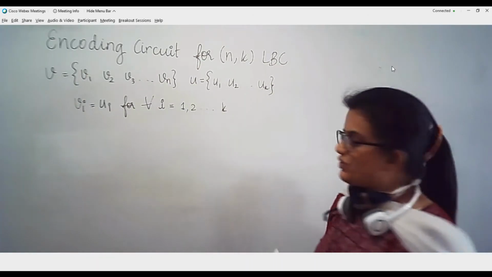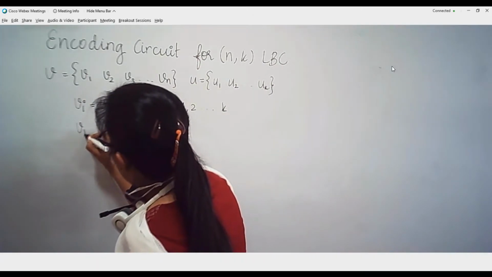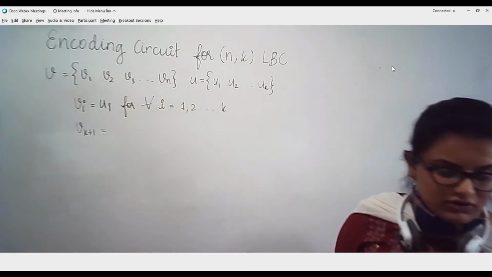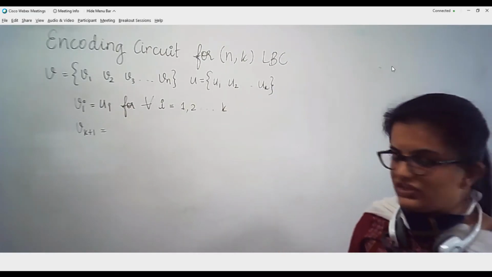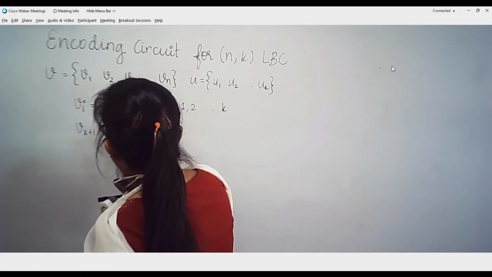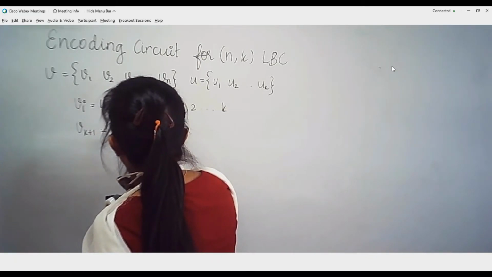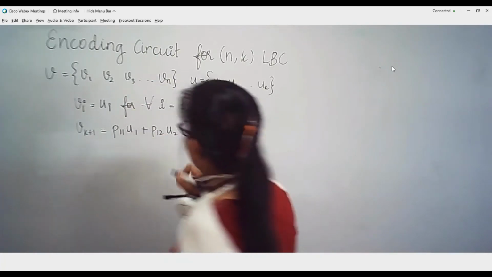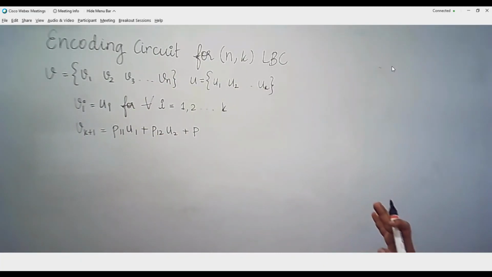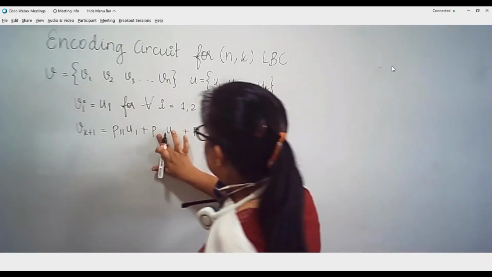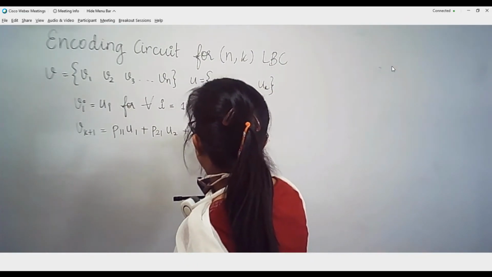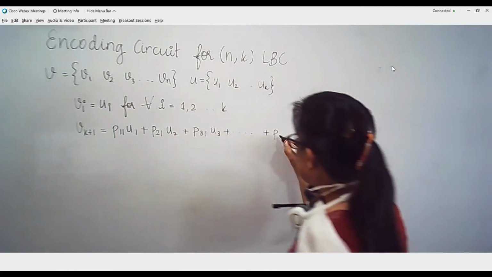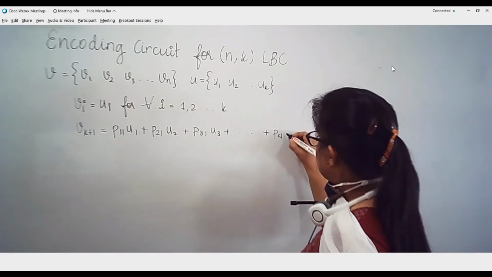For V of k plus 1, we have the linear combination of the input bits, which is denoted by P11 into U1 plus P21 into U2 plus P31 into U3, and so on, plus Pk1 into Uk.